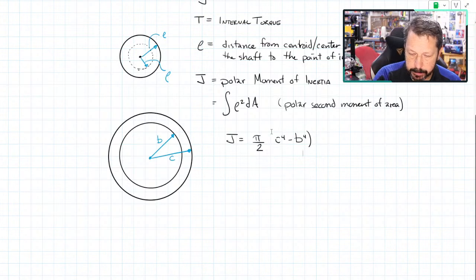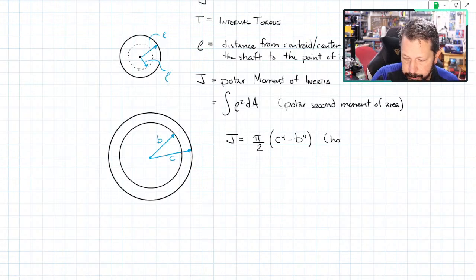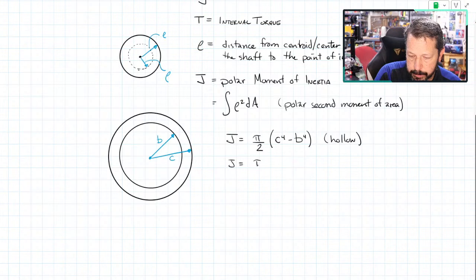I could do my parentheses a little better there. So if it's a solid shaft, B is 0, so there is no inner radius. So this would be hollow. And J equals pi over 2 times c to the fourth. That would be solid.